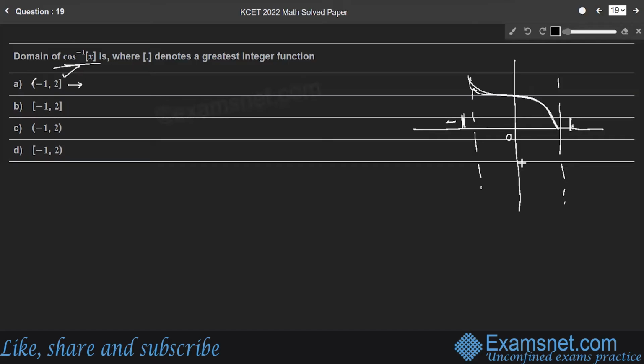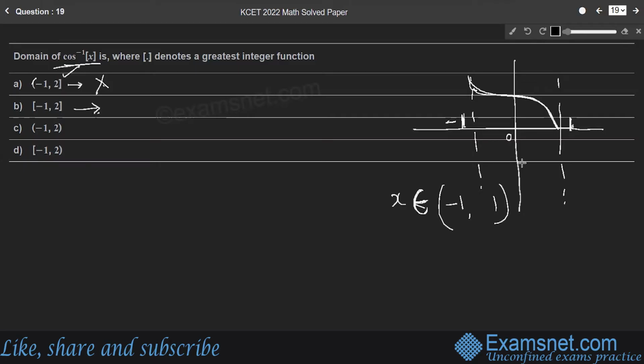Therefore, option A is not the right answer. The value of x should be within minus 1 to plus 1, so the first answer cannot be possible.